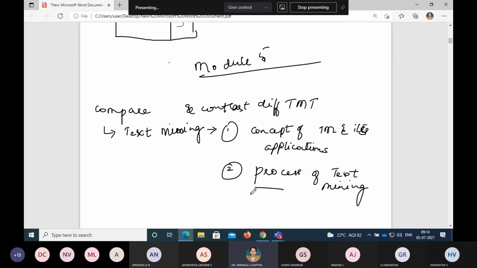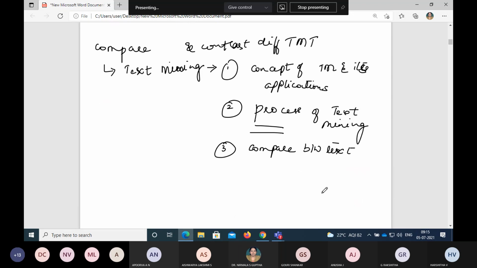The third objective is to compare text mining and data mining, that is DM. And the last objective of learning text mining is to learn the important best practices of text mining.